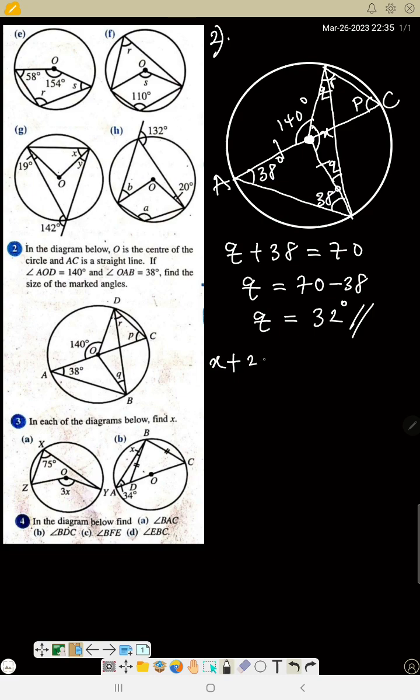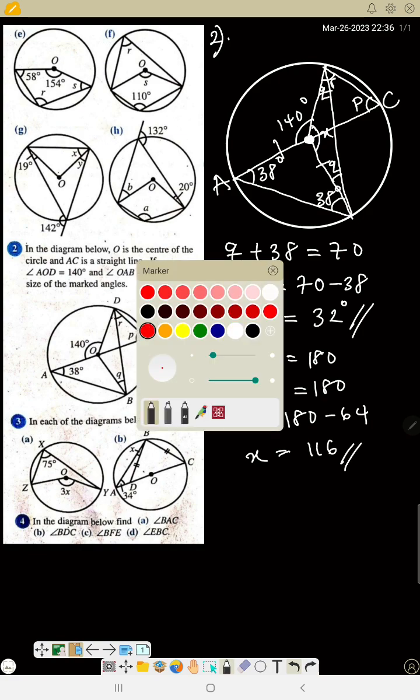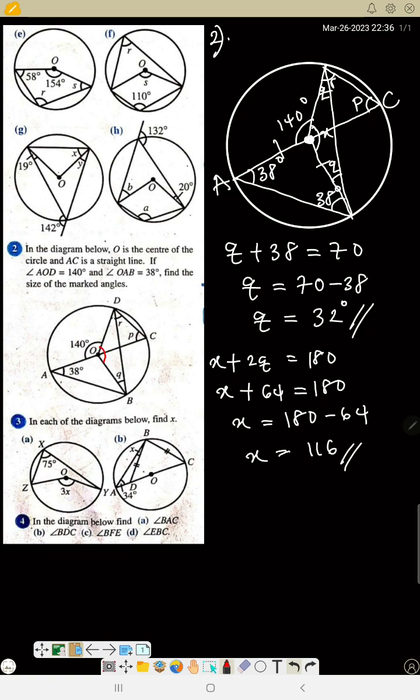So s plus 2q should be equal to 180, and you know q as 32. So s plus 2 times 32, that is 64, is equal to 180. So s is equal to 180 minus 64, so s is equal to 116. So the angle here is 116 degrees.